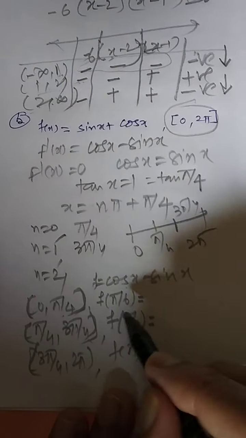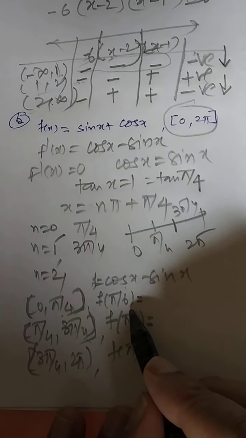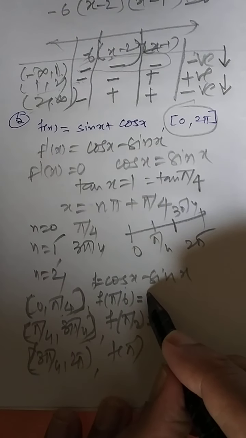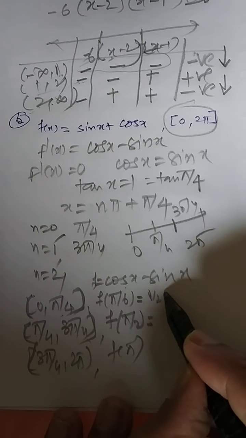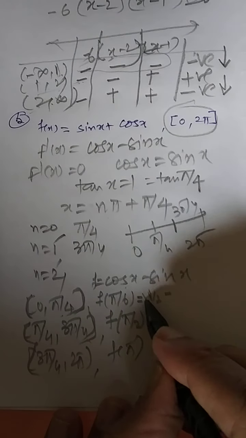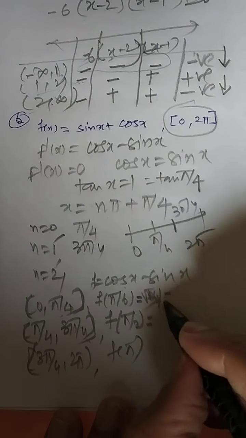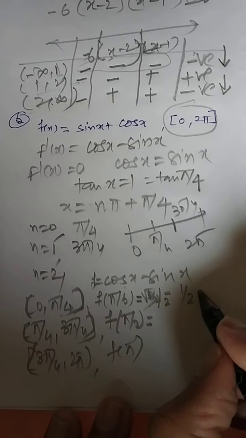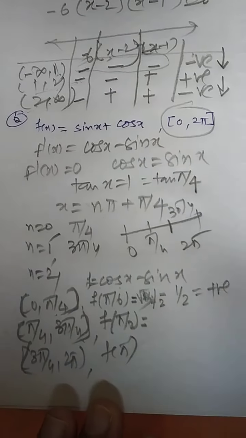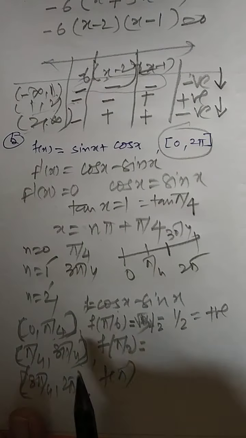So we'll evaluate now. Cos of pi by 6, cos 30 is root 3 by 2. Sin 30 is half. So it will be positive.